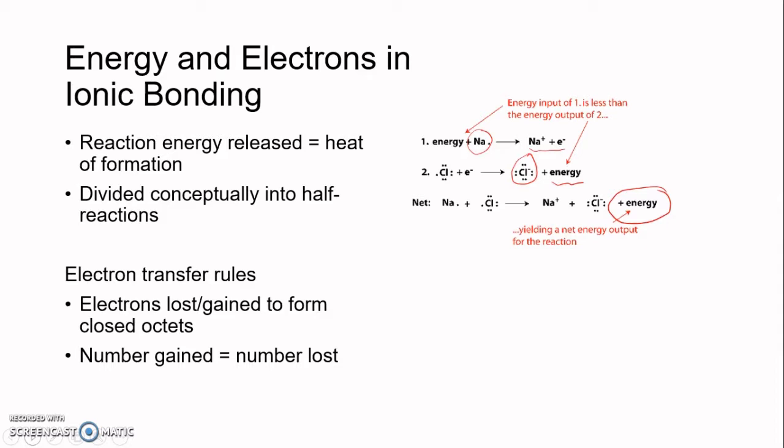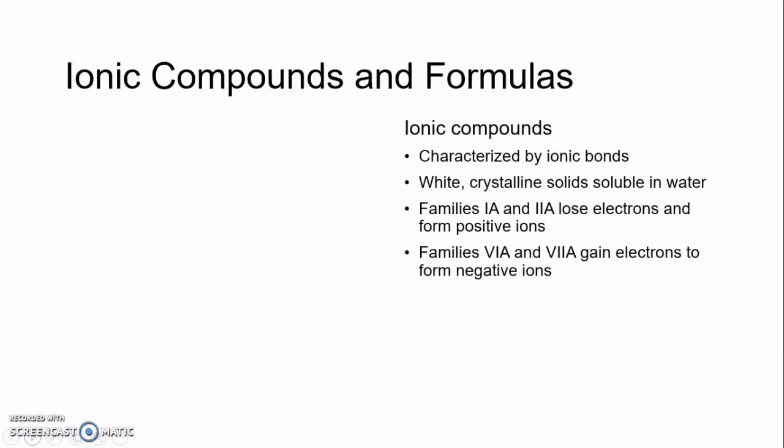So sodium lost an electron to form a new octet. Chlorine gained an electron to form an octet. And another very important rule with electron transfer is that the number of electrons gained has to equal the number of electrons lost.